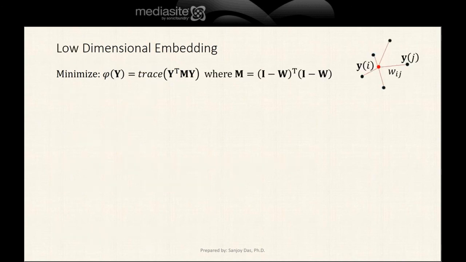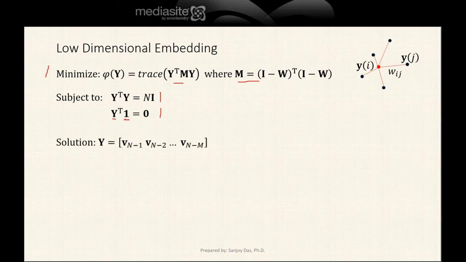So now this is what we have to minimize, the trace of y transpose My, where M is given by this expression here, and the constraints are, from the covariance matrix considerations, y transpose y should equal n times I, and from the fact that we want the coordinates to be centered around the origin, we get the other constraint, y transpose 1 equals 0, which, by the way, automatically makes all the columns of this matrix Y orthogonal to the smallest eigenvector 1.